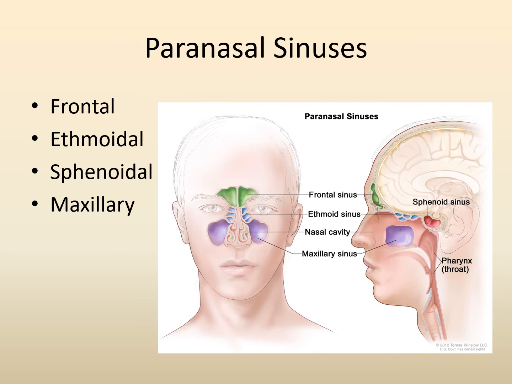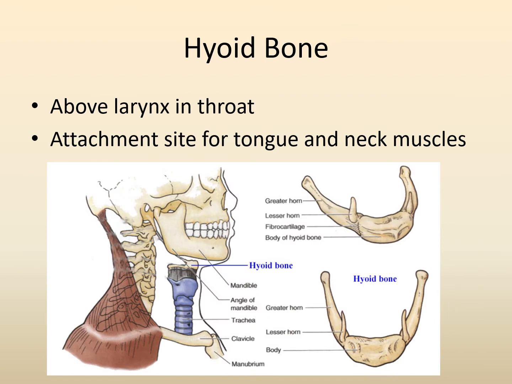But there's 4 different pairs of them, and so in this diagram it does show the 4 different pairs along with their names. Up in this area, the paranasal sinuses, you've got the frontal ones. They're often named by the location of them as well.